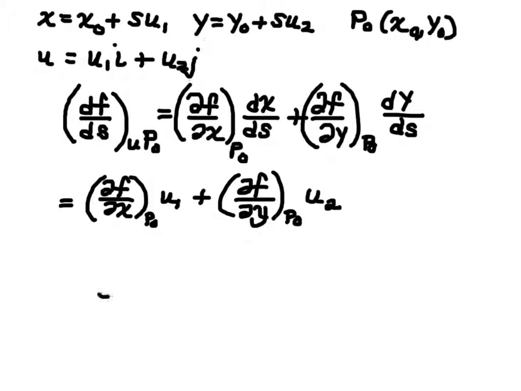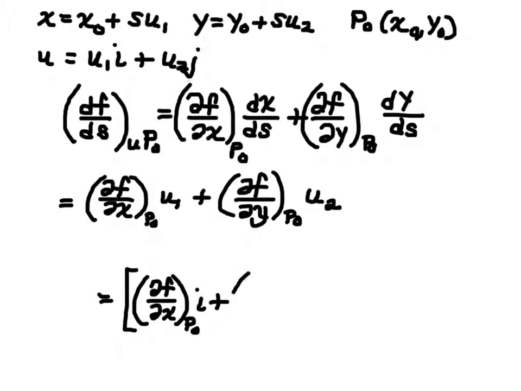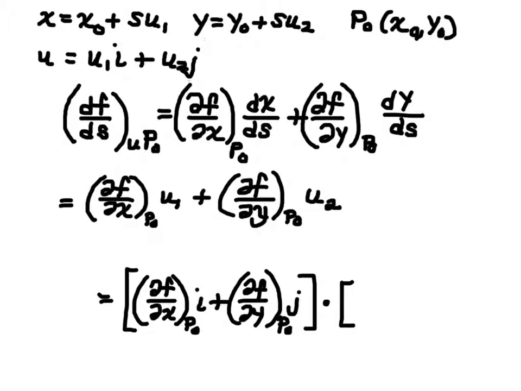And so this is equal to the partial derivative of f with respect to x at p naught in the I direction plus the partial derivative of f with respect to y at p naught in the j direction, dot product with the unit vector u sub 1 in the I direction plus the unit vector u sub 2 in the j direction.